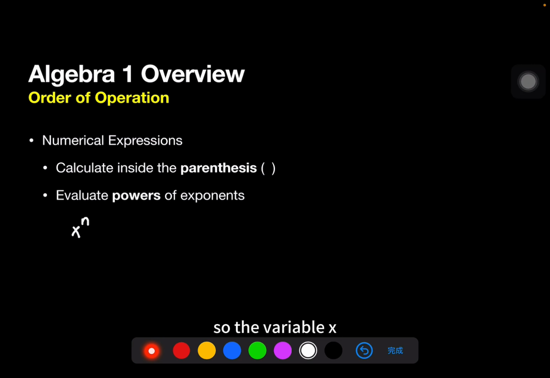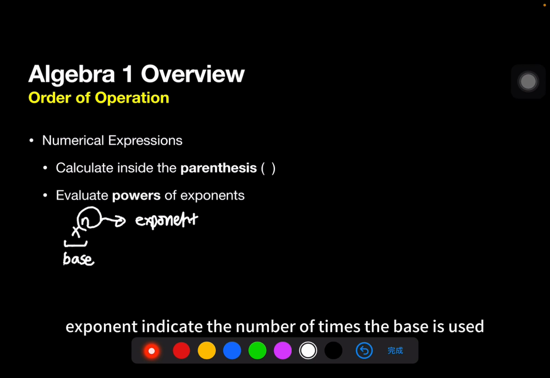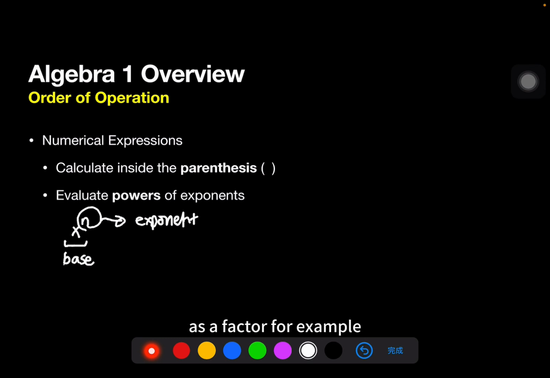So the variable x is called a base, and n is called an exponent. So the exponent indicates the number of times the base is used as a factor.